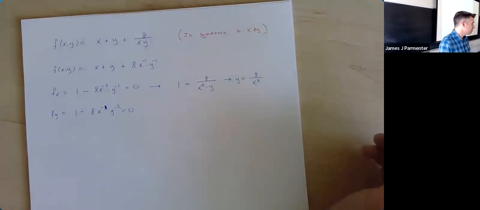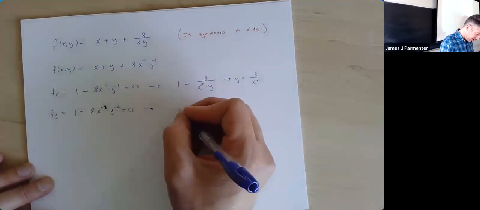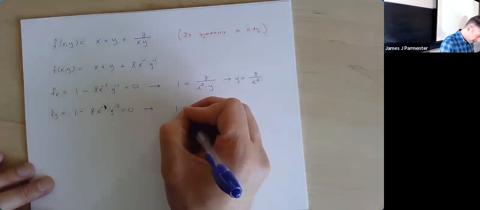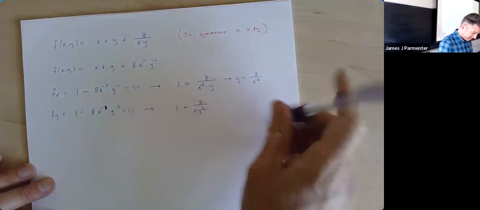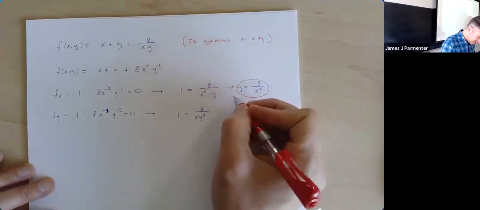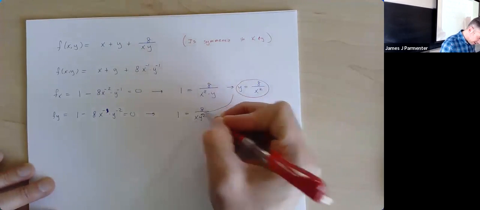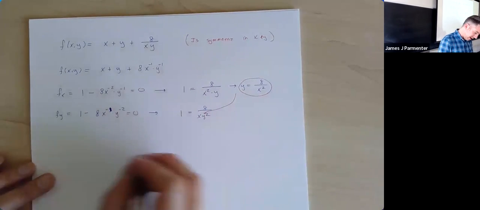I don't like it. And then that's what I'm going to plug into this other equation here. My other equation, which is 1 equal to 8 over xy squared. I'm going to plug this in. I don't feel good about this at all. Seems gross. That's going to go there. And maybe I'm going to regret having written it like that, but oh well.